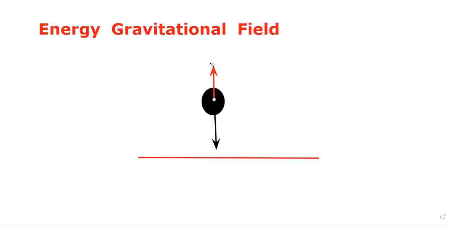So this work is stored in it. This work is going to be stored in it in the form of some energy. That energy is called gravitational potential energy, and see how it appears as gravitational potential energy.